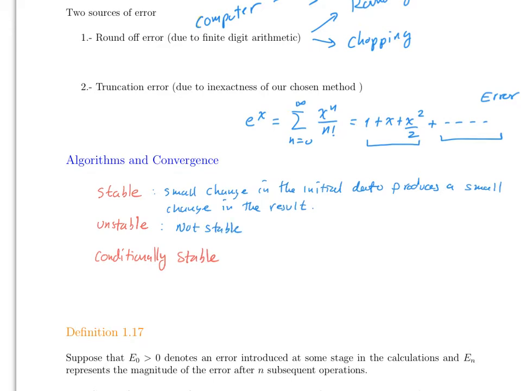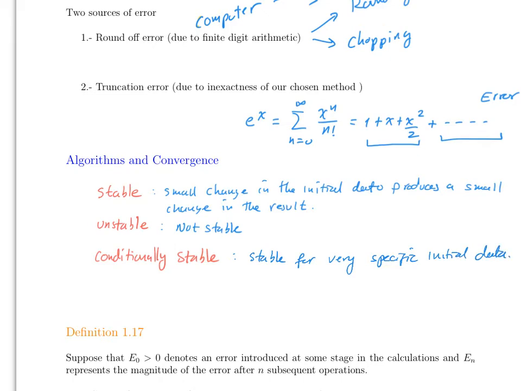Or in other words, if you make a small change at the beginning, the answer at the end changes a lot, which is a bad thing. And then there's a special case, conditionally stable, in which some algorithms are stable just for some specific initial conditions. So this is stable for very specific initial data.